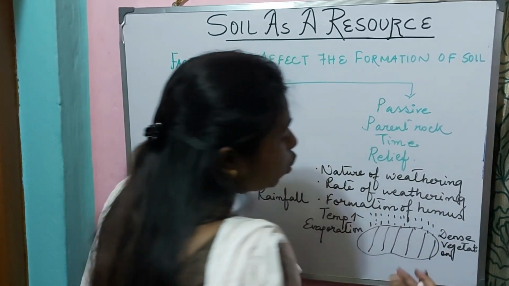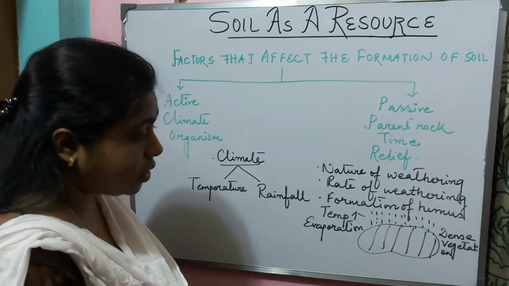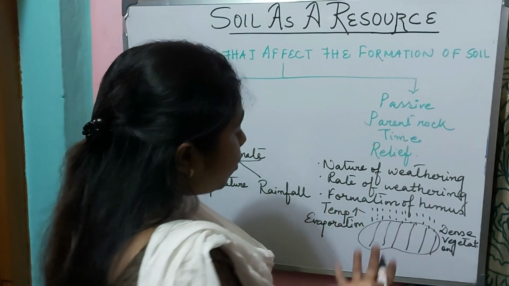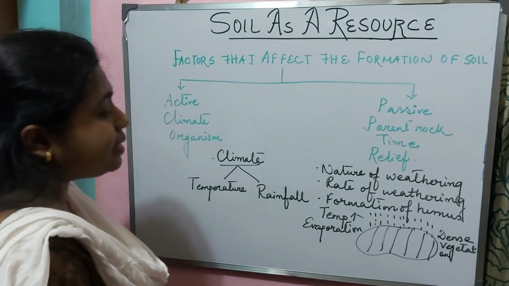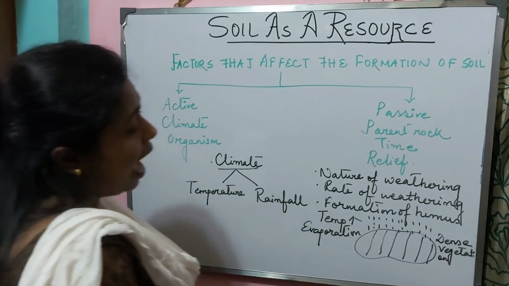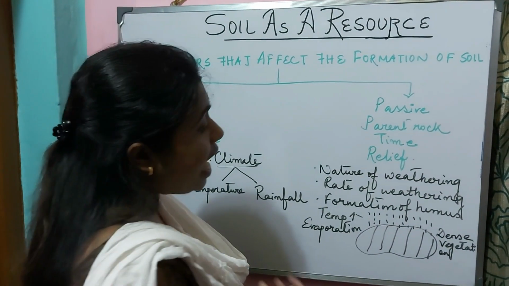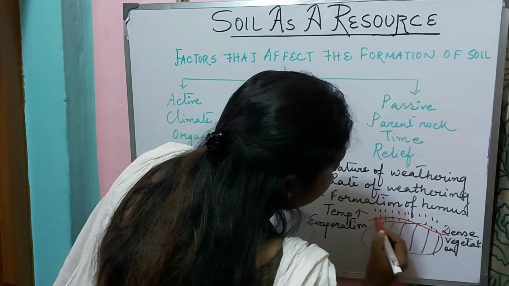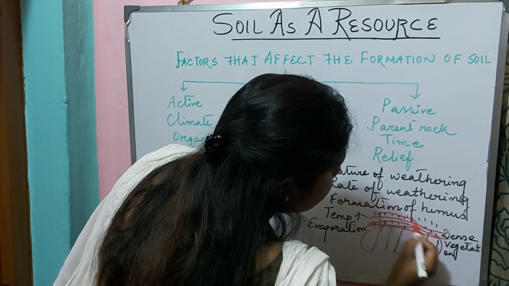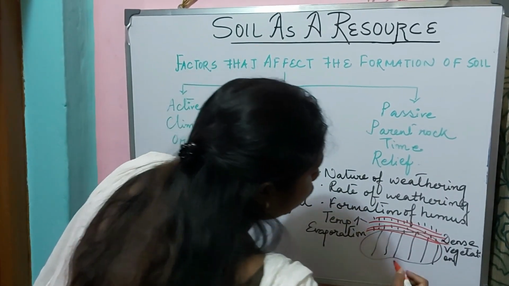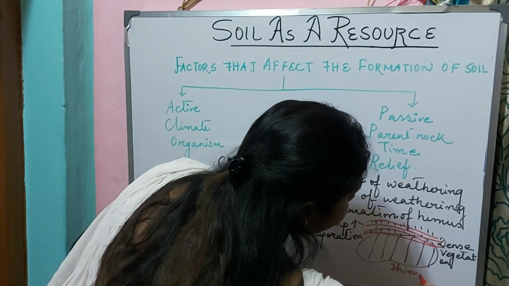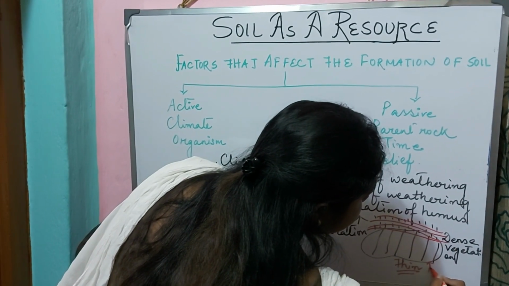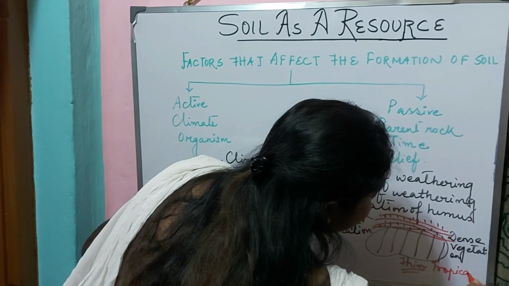That means there will be growth of dense vegetation. But as the evaporation will be faster, as the temperature will be high, as it rains very heavily, it will also lead to the loss of the nutrients from the soil. That means the soil will be thin, like the tropical rainforest.